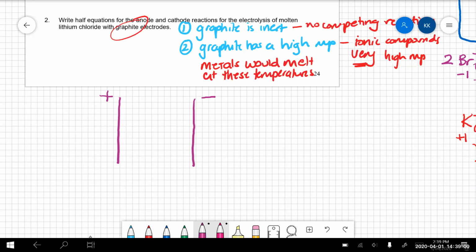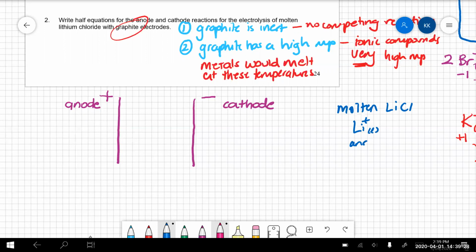The positive electrode, remember, is the anode, and the negative electrode is the cathode, just for electrolytic cells. Now down the middle, I write what's in the electrolyte. In this case, it's molten lithium chloride, which is Li+ liquid and Cl- liquid. So I write them down the middle.